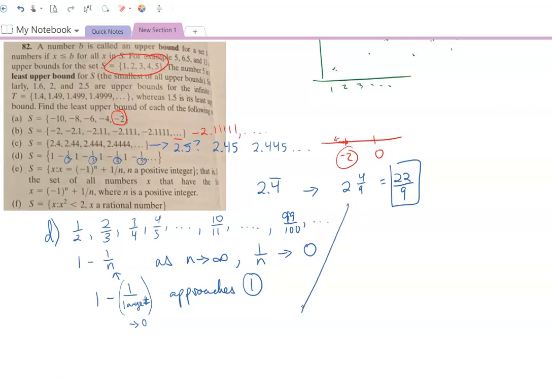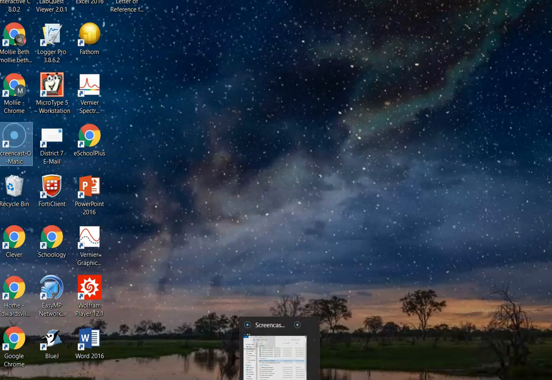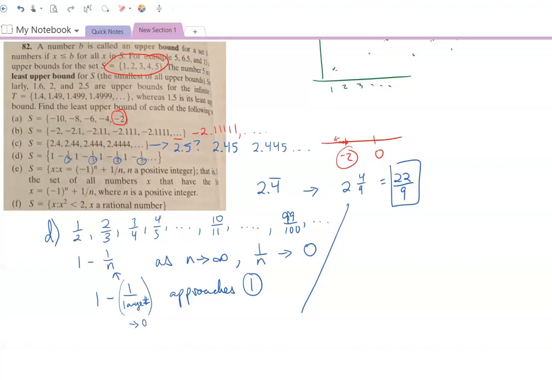For part E, again, I'm going to write out some numbers. So for part E, this means the set of x, and then the colon right there means such that. So this means the set of x such that x is equal to negative 1 to the nth plus 1 over n, where n is a positive integer, okay?